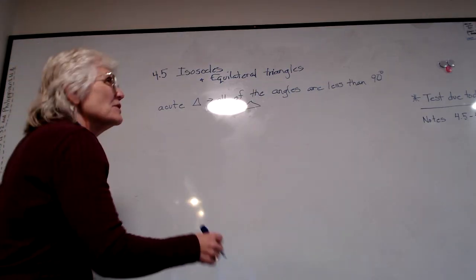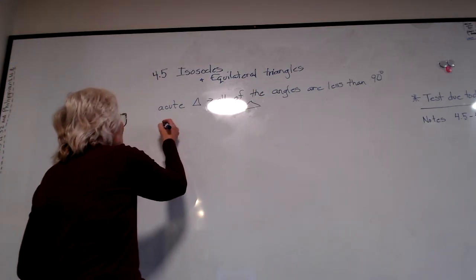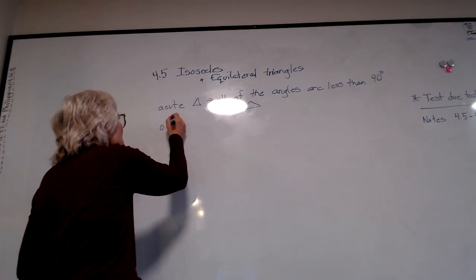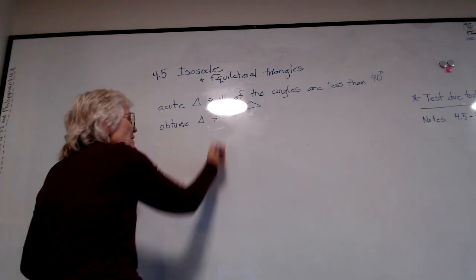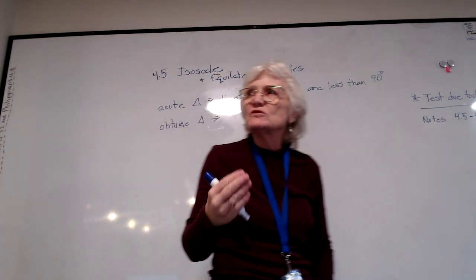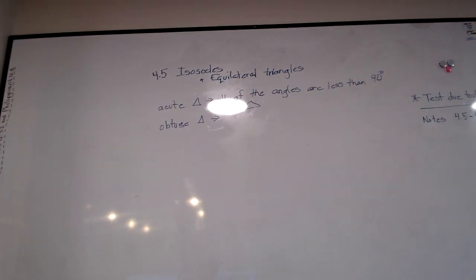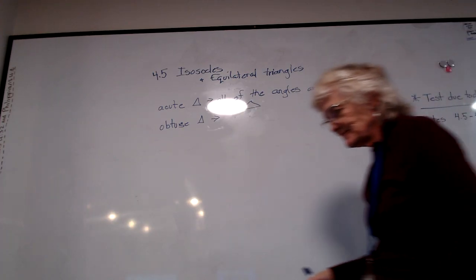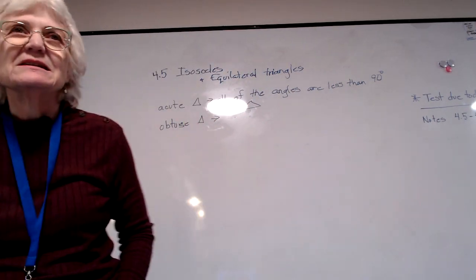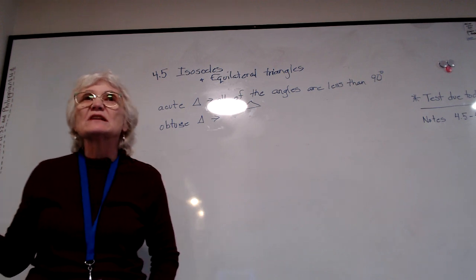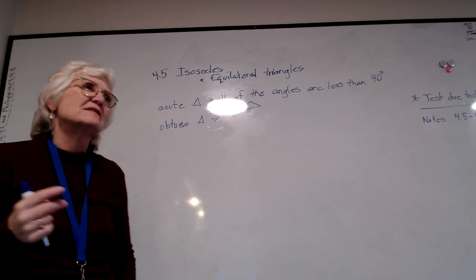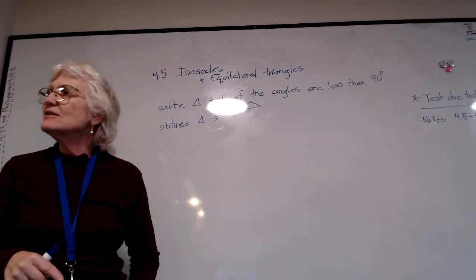Okay. So the next thing is an obtuse triangle. So it obviously has an obtuse angle, but how many obtuse angles does it have? Yes. One. Why can it only have one? It's not possible for all of them to be obtuse and it still be closed. And is it possible to have two obtuse angles in a triangle and it still be a triangle?